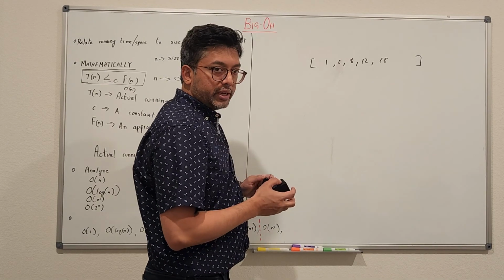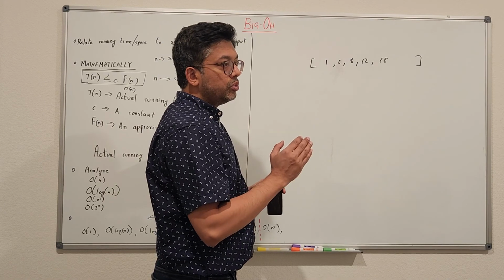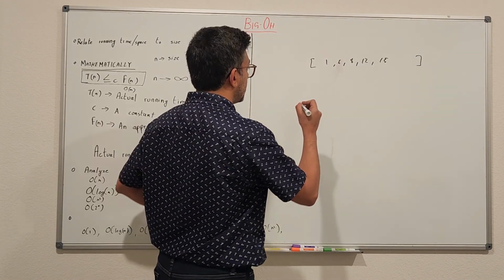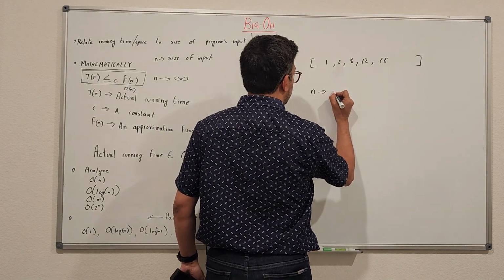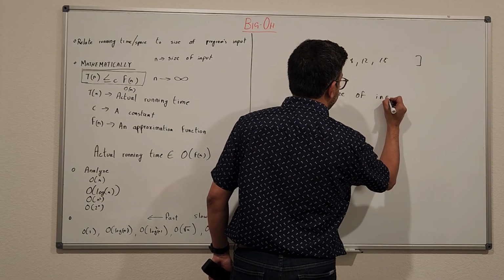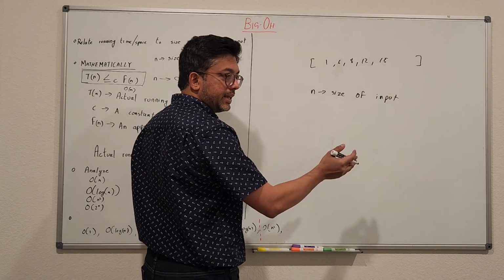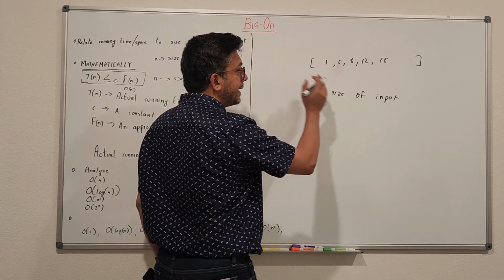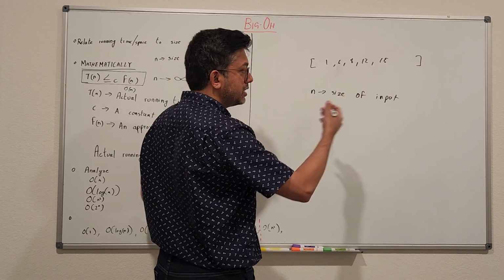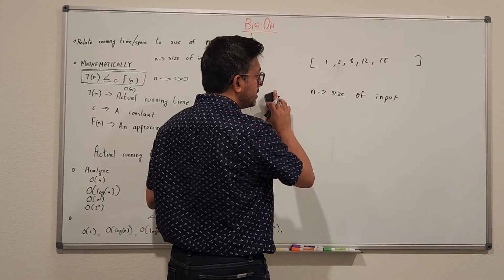Another way to look at it, BigO of n would mean you have to do n number of operations, n being the size of the input. So if you have to print every item, printing an item is an operation, you have to do it n times. If you have 50 items, you have to print 50 times, 60 items, 60 times. So that's how you would say this is BigO of n.